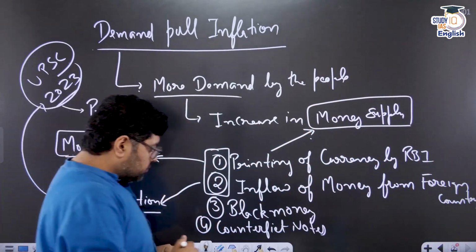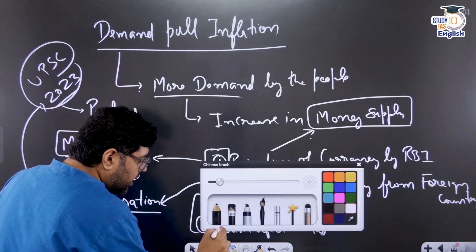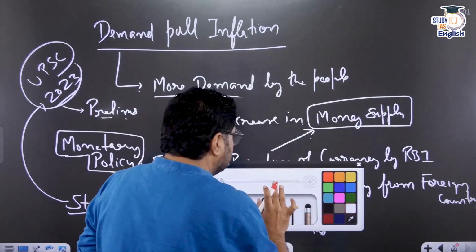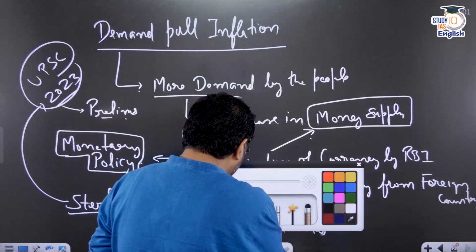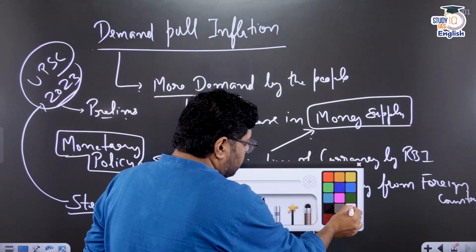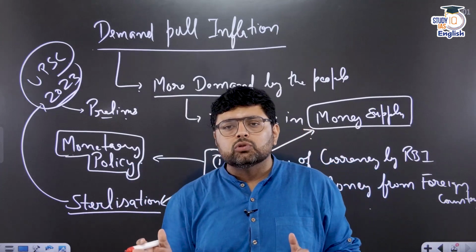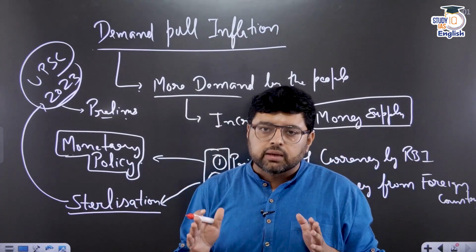Clear? Now when it comes to black money and counterfeit notes, here it is a concern for us. RBI monetary policy fails to identify these things. You have studied M1, M2, M3, M4. These are tools to measure money supply in a market.